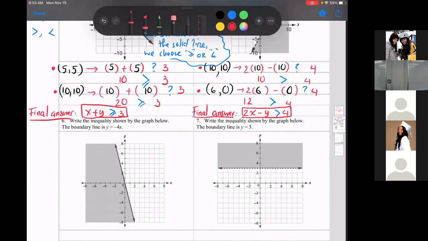Today is the 15th, right? Wait, so you don't even got an x there.